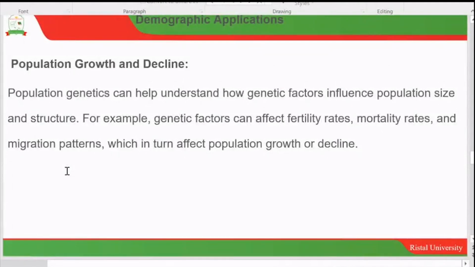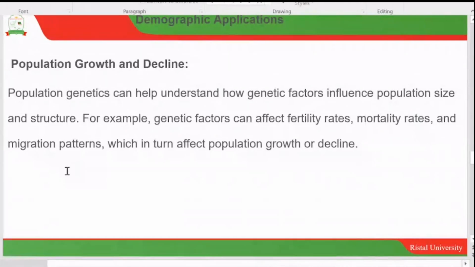Population genetics helps us understand how genetic factors influence the population size and the structure itself. For example, genetic factors can affect fertility rates, but also mortality rates and migration patterns, which in turn affect population growth or decline.